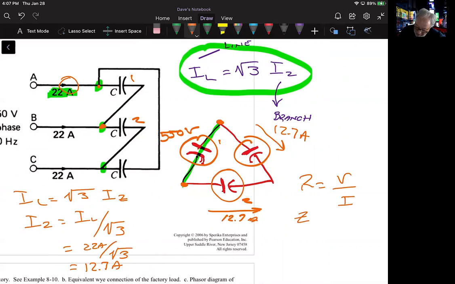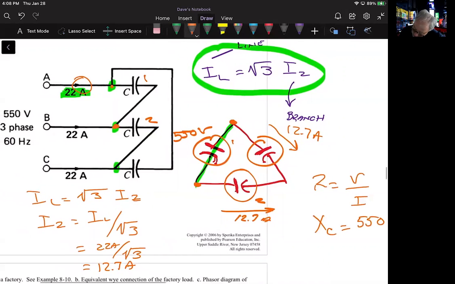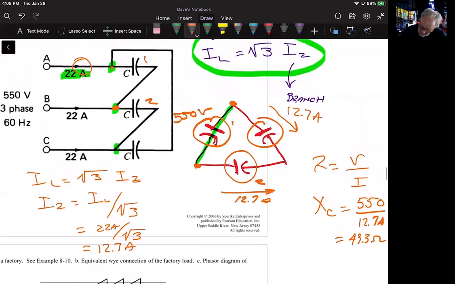So, not a Z, but an X. Capacitive reactance is equal to the voltage across that capacitor, which is 550 volts, divided by the current through that particular capacitor, which is 12.7 amps. And so the capacitive reactance is 43.3 ohms.